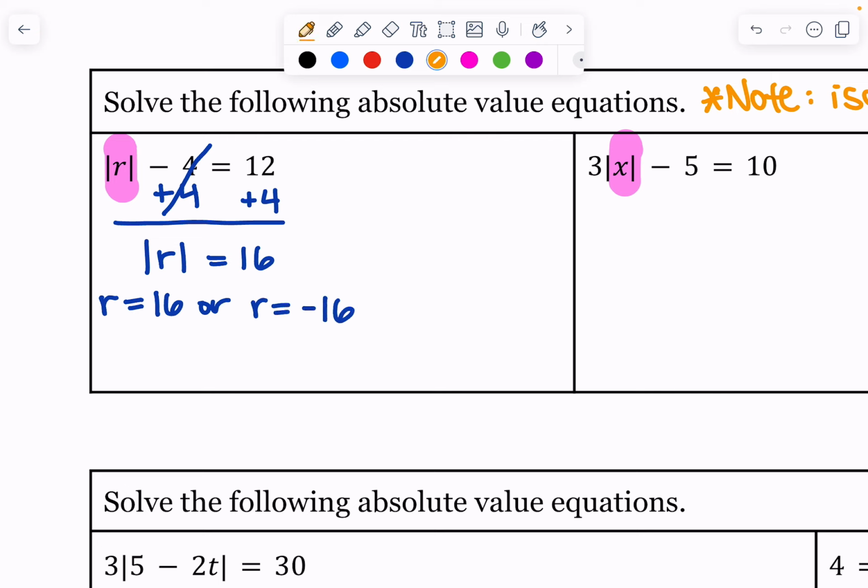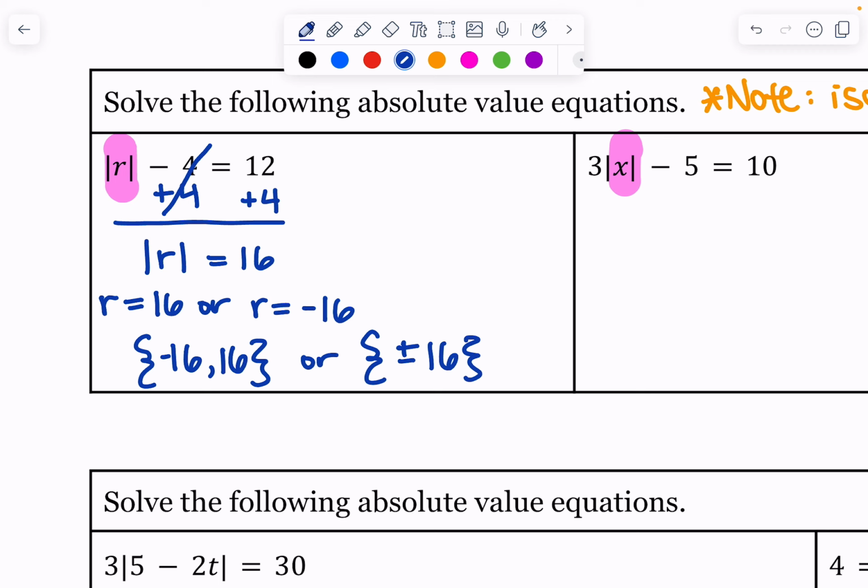Both of those, when I plug them in here or here for that matter, I'm going to get the equation to be true. So we need to write this as a set. So if we write this as a set, we could write negative 16 comma 16, or if you wanted shorthand, we could write it as plus minus 16, and that still would be the same.